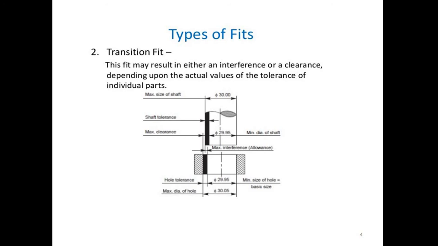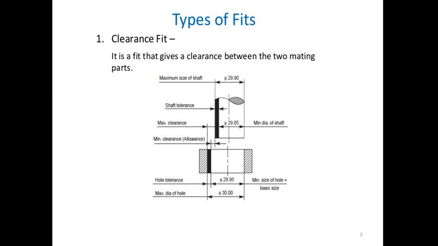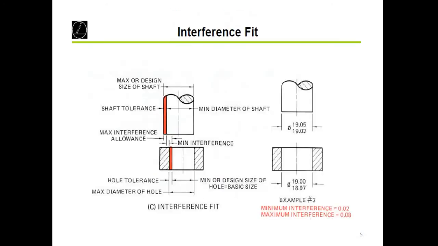These are some basic types of fits: mainly clearance fit, interference fit, also called press fit, and transition fit. Clearance fit is nothing but the maximum size of the shaft is less than the minimum size of the hole. Interference fit is when the minimum size of the shaft is more than the maximum size of the hole.